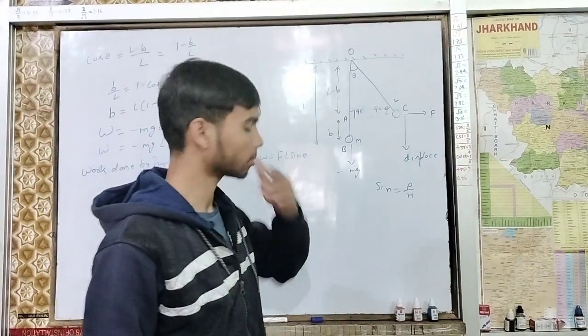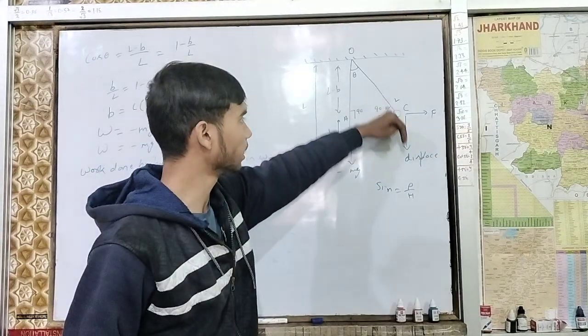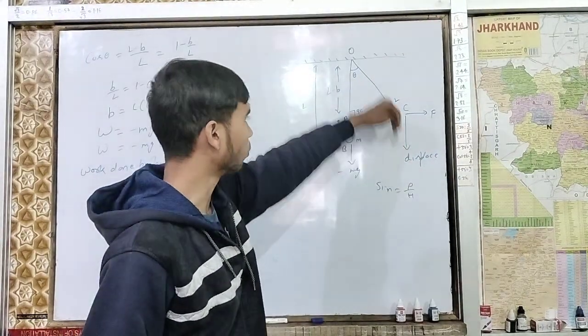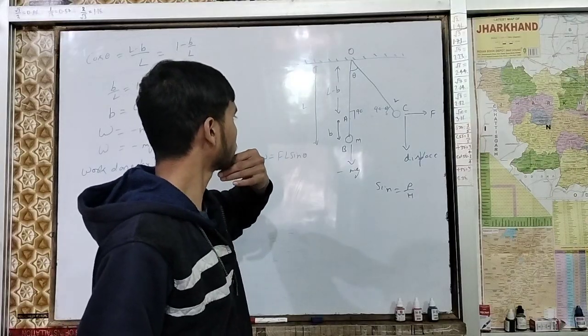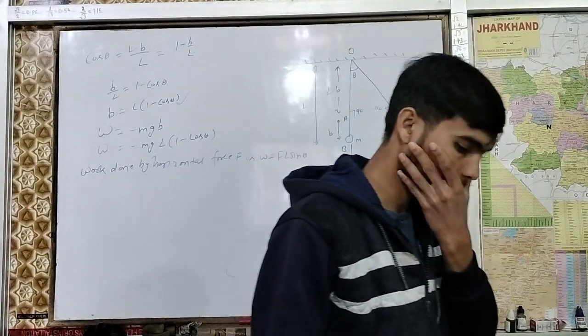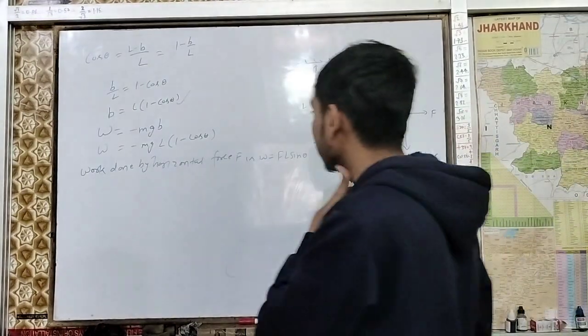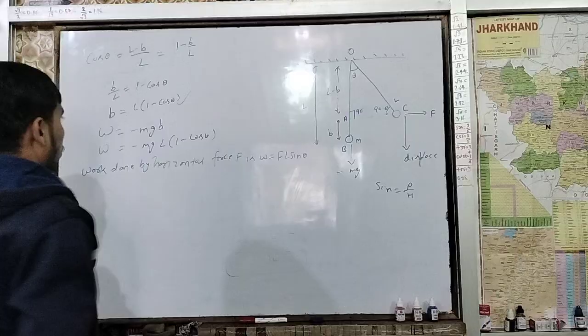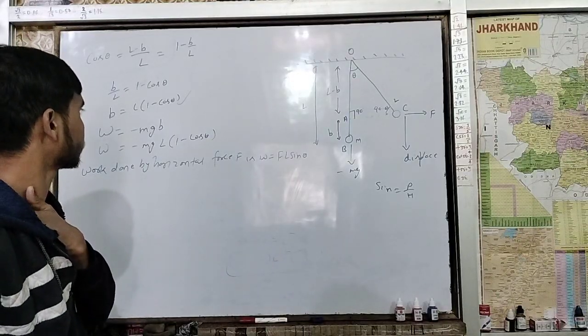Look, F is horizontal and L is vertical, and the factor here is 1 minus cos theta.